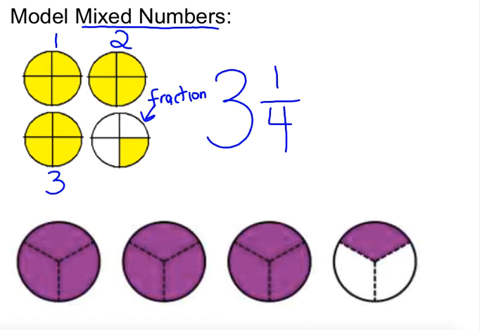I have 1 whole, 2 wholes, 3 wholes. This 4th one is not completely shaded in. So right now I only have 3 wholes, and the last circle gives me the fraction part of the mixed number, which is 1 shaded out of 3. So it's 3 and 1/3.